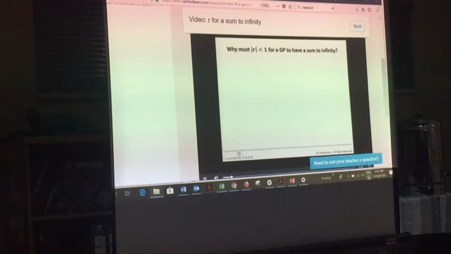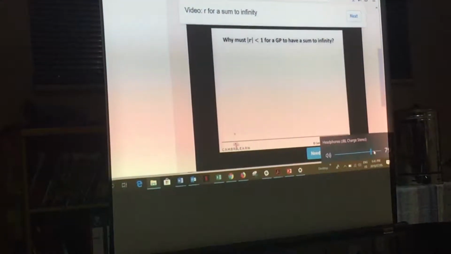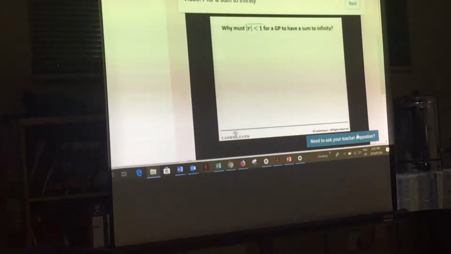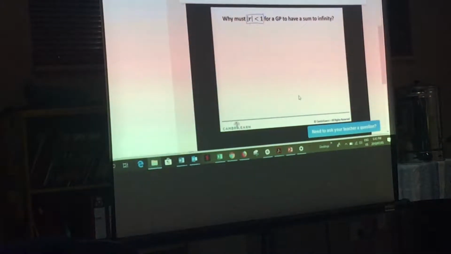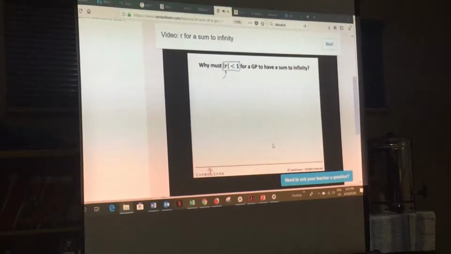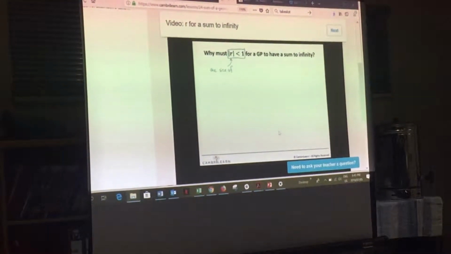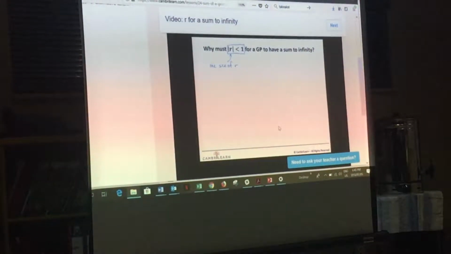Let's talk about why we say that the modulus of R must be less than 1 for a GP to have a sum to infinity. First off, let's make sure you understand this. Remember, modulus, we're looking just at the size of R. We're not concerned whether it's positive or whether it's negative.